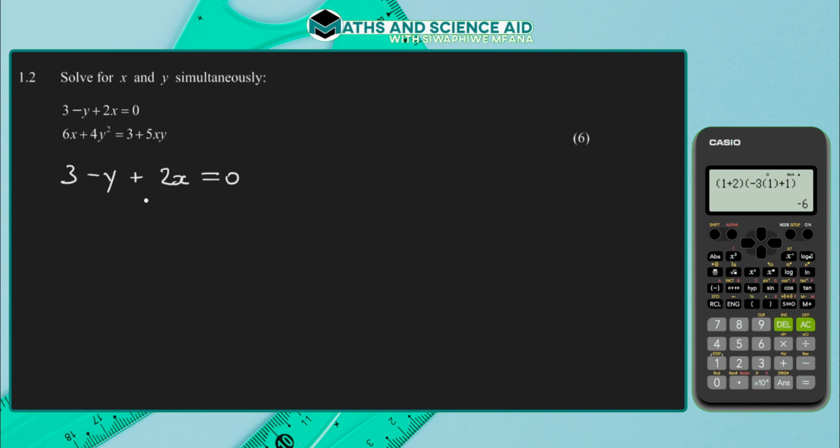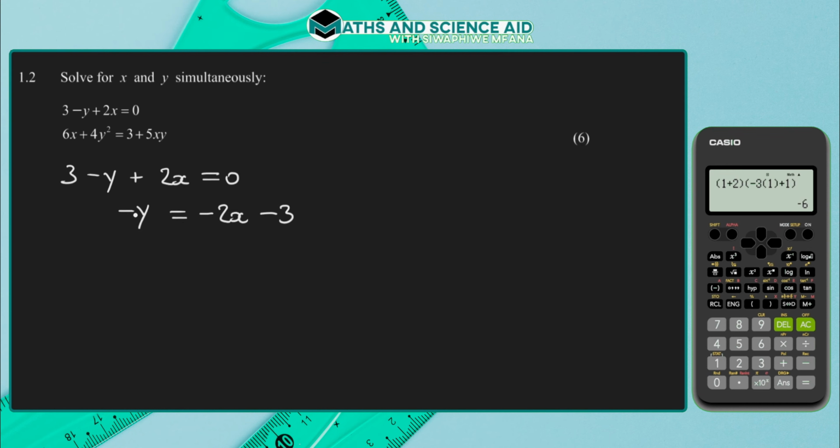And so here we can make y the subject of the formula. So to do that, we can take down -y and then transpose the other two terms into the right hand side. So we'll have minus 2x minus 3.